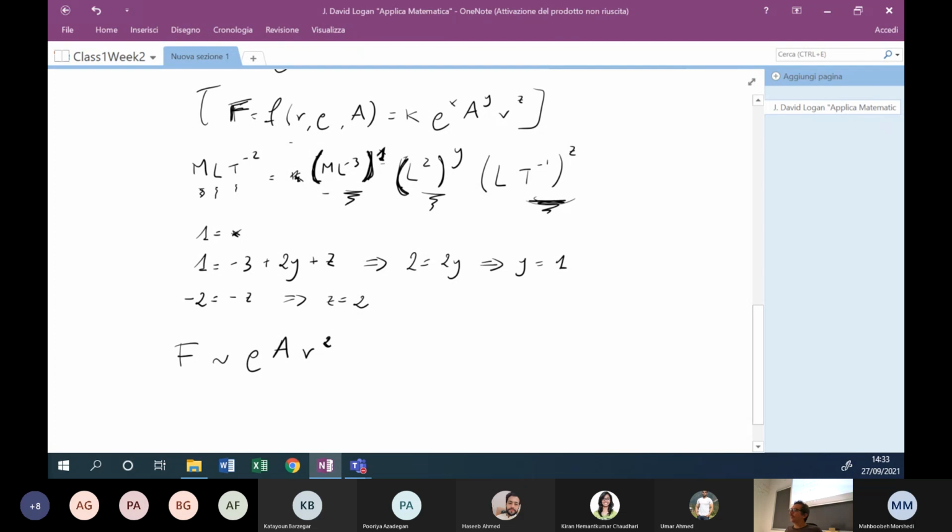So the air resistance is not going like velocity, it's actually going like velocity to the power 2, velocity squared. So again, this is a result that without knowing anything about the physics, just checking the dimensions of the problem that I'm trying to solve, I'm able to find, which is already a nice result, which already tells you some nice information.